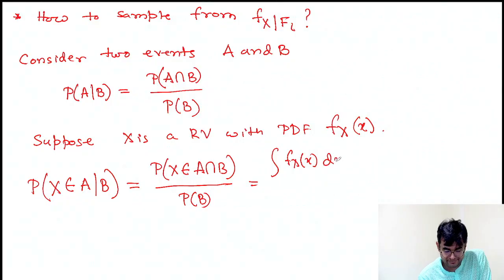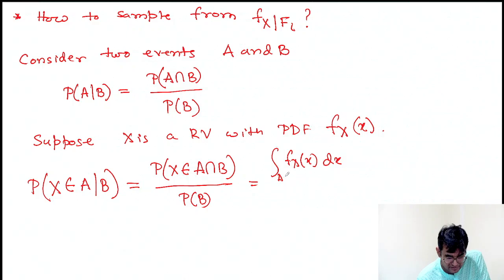In which range? If you do from minus infinity to infinity, it will give you 1. So in which range? In the range where minus a what? Why minus infinity to a?